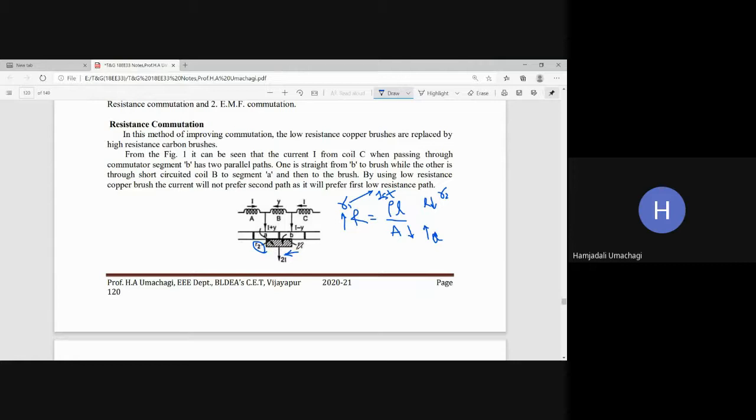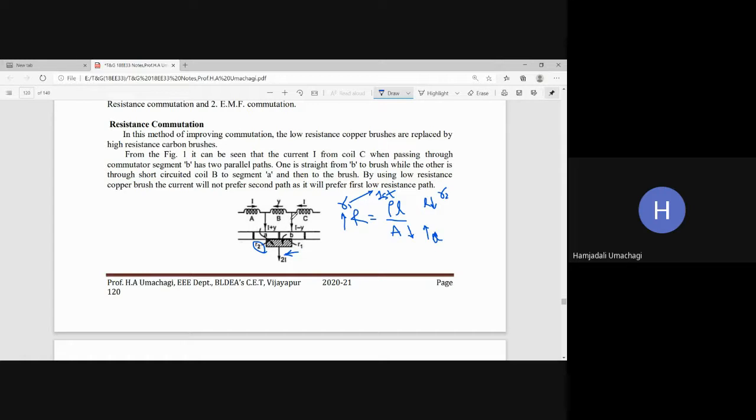So which is the least resistance path here, R1 or R2? R2 is the least resistance path. So now the current I through the coil C, instead of directly flowing through the commutator segment B to the brush, will follow the second path, the R2 path, which has the least resistance.